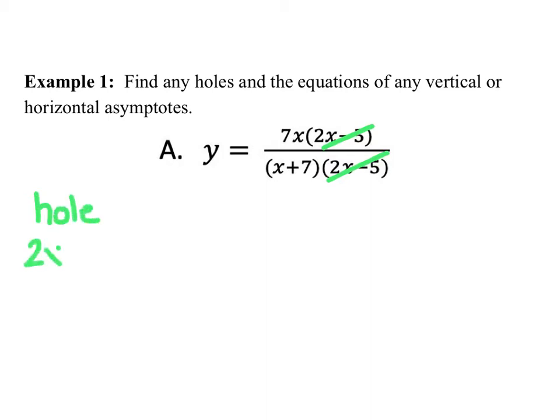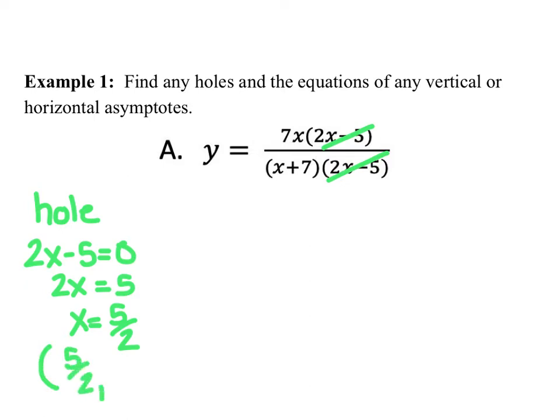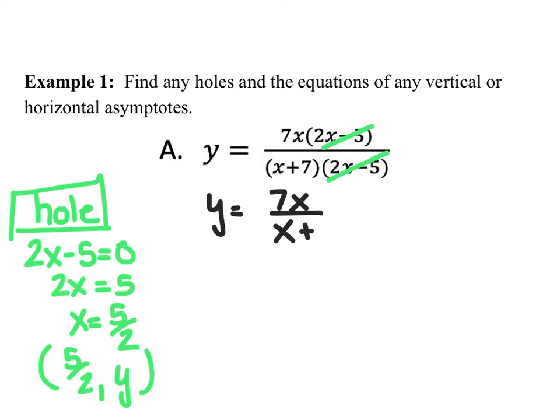So if I take this 2x minus 5 and set it equal to 0, that gives me 2x equals 5, and x equals 5 halves. I have a hole at x equals 5 halves at some y value. I'm not going to focus on the y value at the moment. And this function then simplifies to 7x over x plus 7.